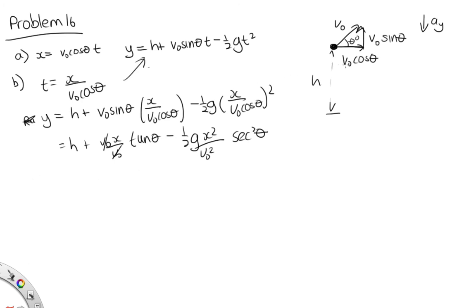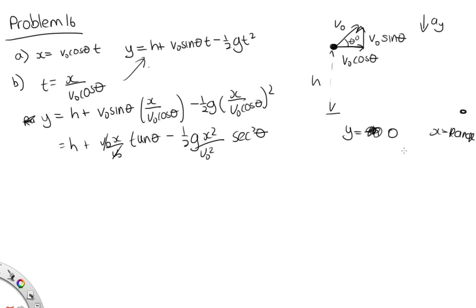And now it'll hit the ground over here when y is equal to 0, and x is equal to the range. So what we want to do is substitute in y is equal to 0 and rearrange this to find x.